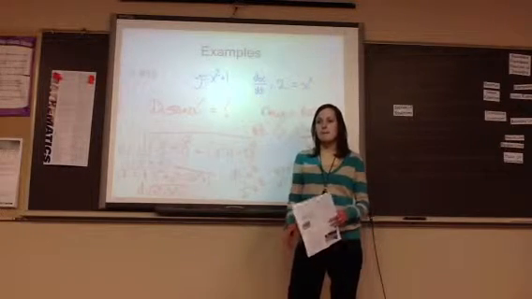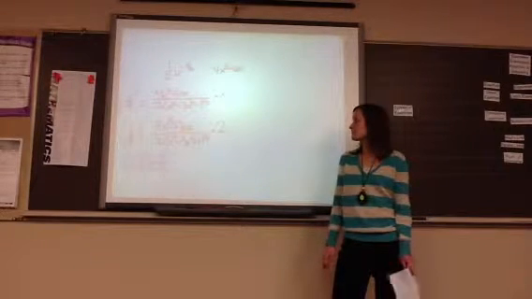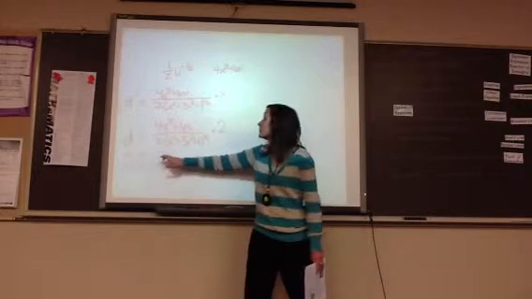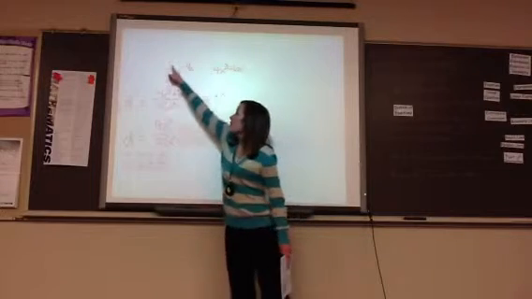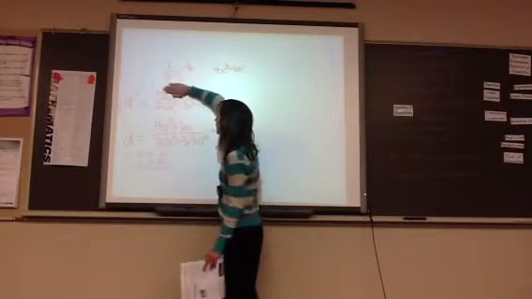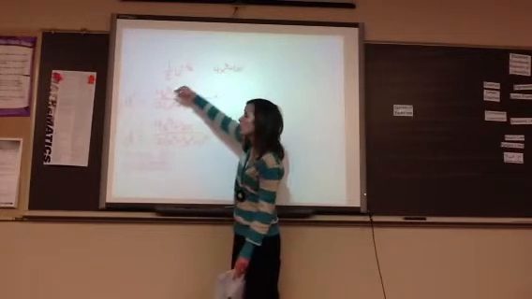Go back to the other one. Where'd that 2 come from? Right there. From the half, we rewrote this as 1 over 2 times that to the half, and we put this on top.